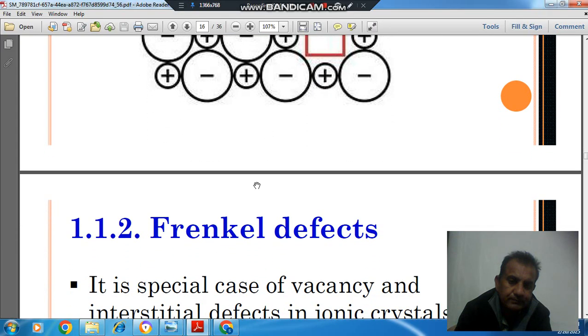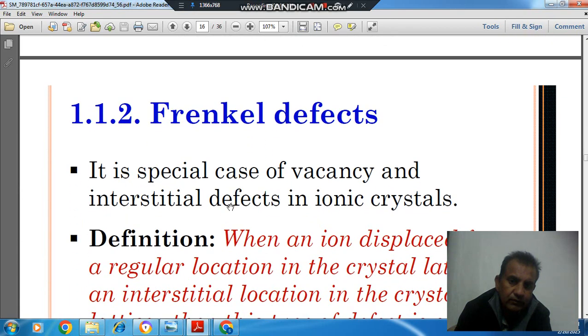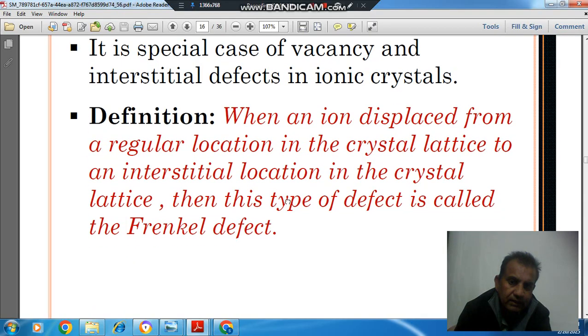Next is Frenkel defect. It is a special case of vacancy and interstitial defect in ionic crystal. Definition: when an ion displaces from a regular location in the crystal lattice to an interstitial location in the crystal lattice, then this type of defect is called Frenkel defect.